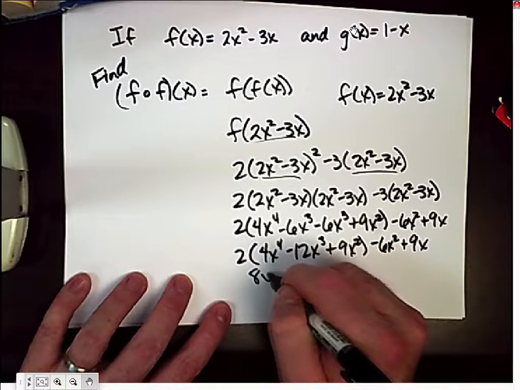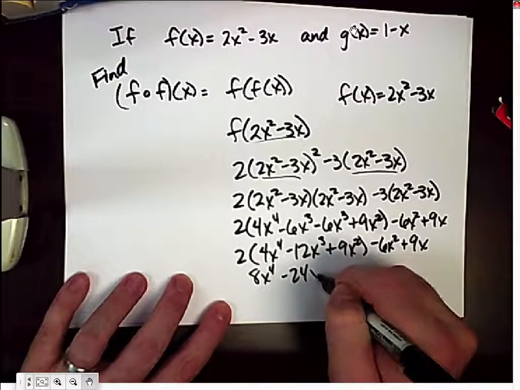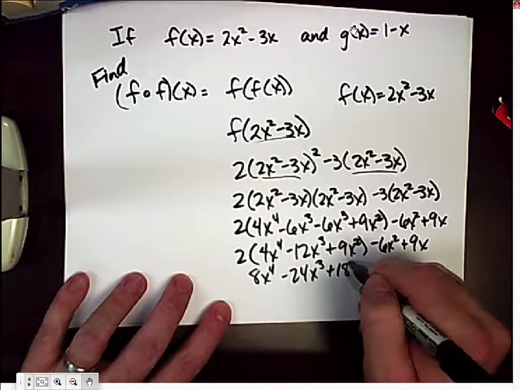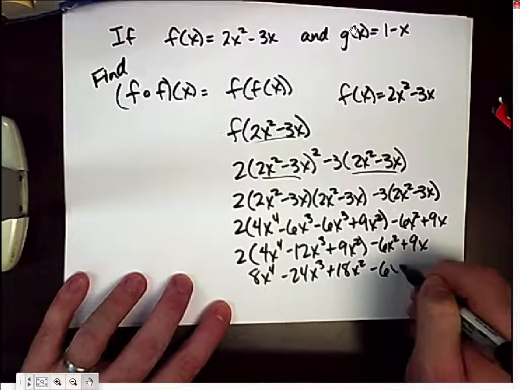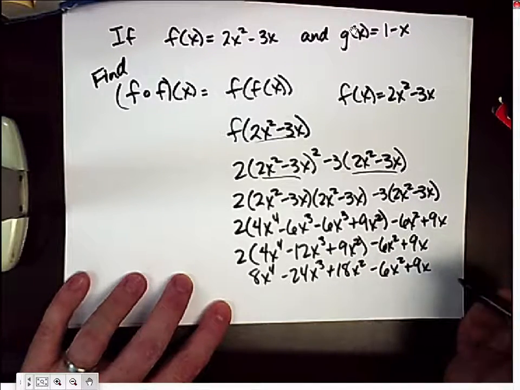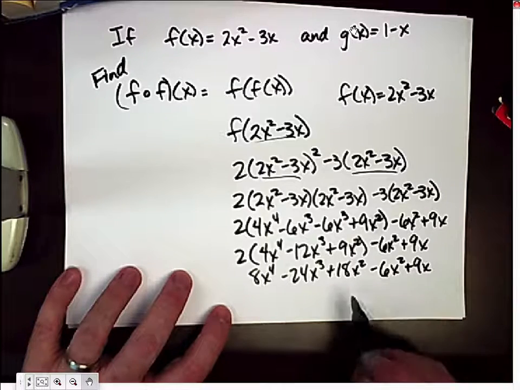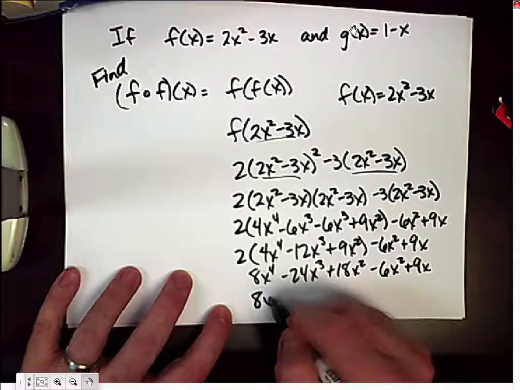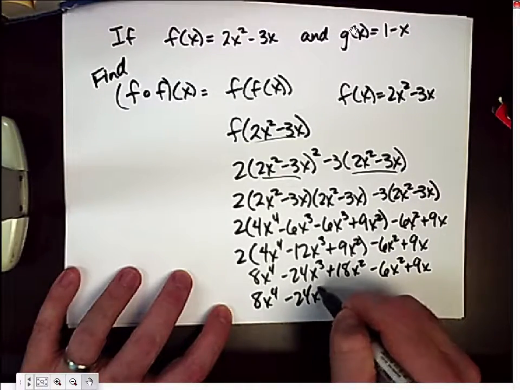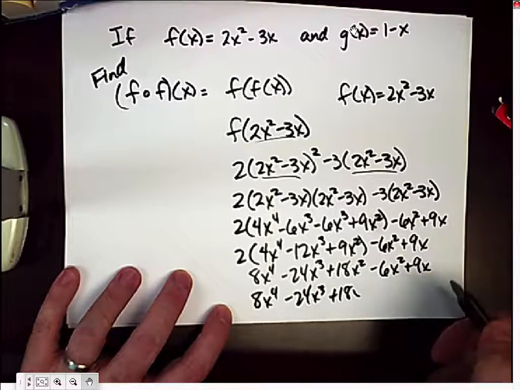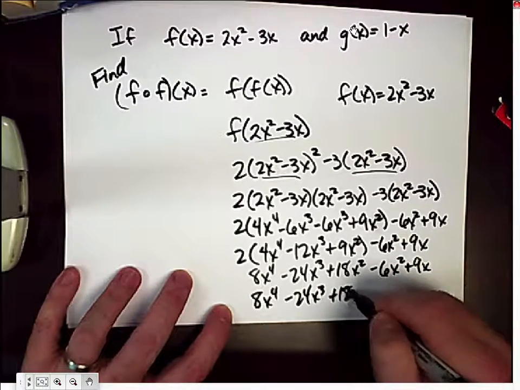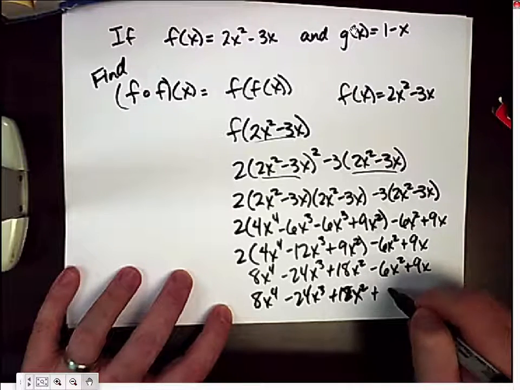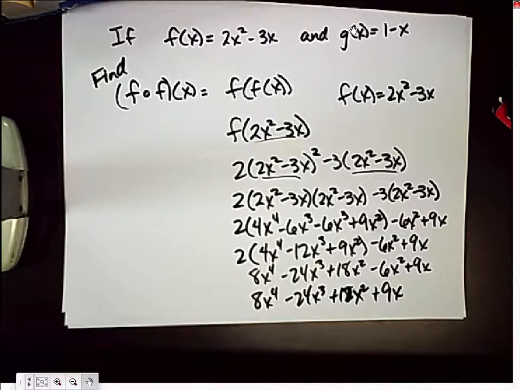That's 8x to the fourth minus 24x to the third plus 18x squared minus 6x squared plus 9x. Is there anything left? Combine those two. So it'd be 8x to the fourth minus 24x to the third plus 12x squared plus 9x.